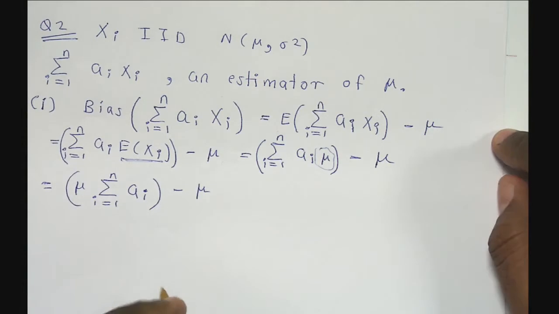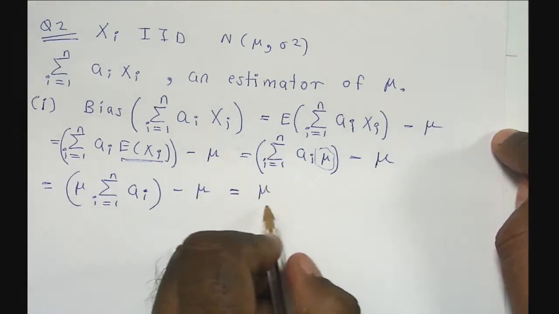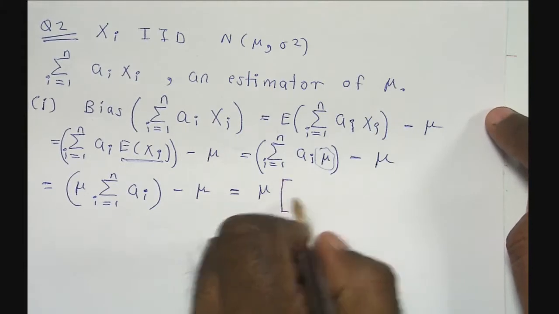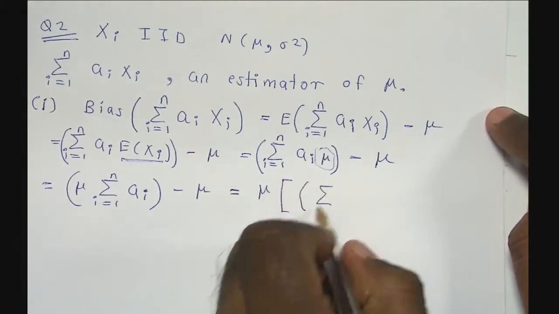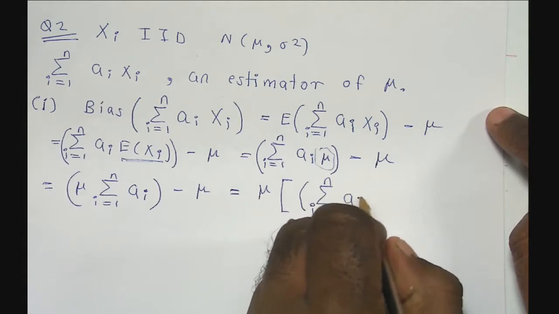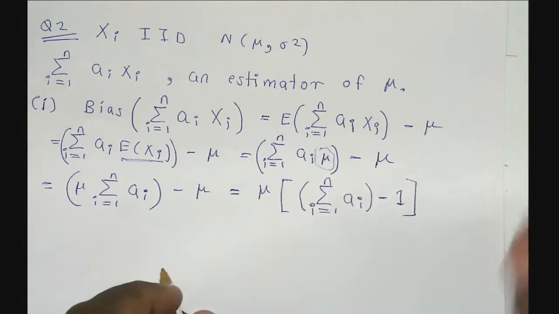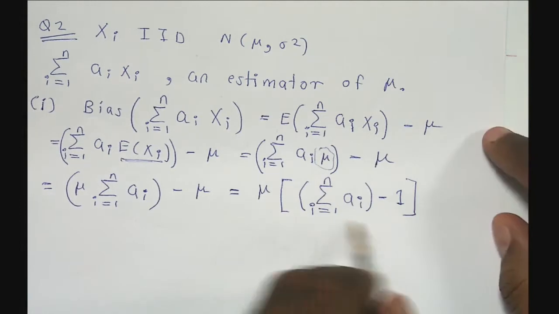Now mu is a common factor, so taking this as the common factor, we have in brackets this. So this is the bias.